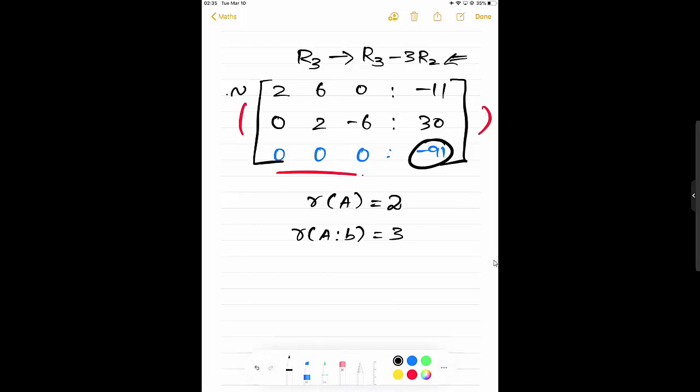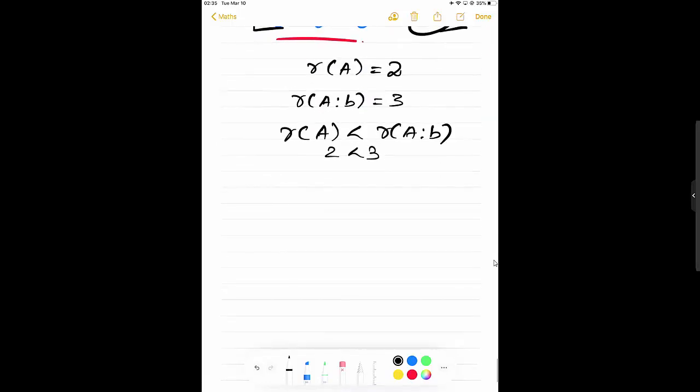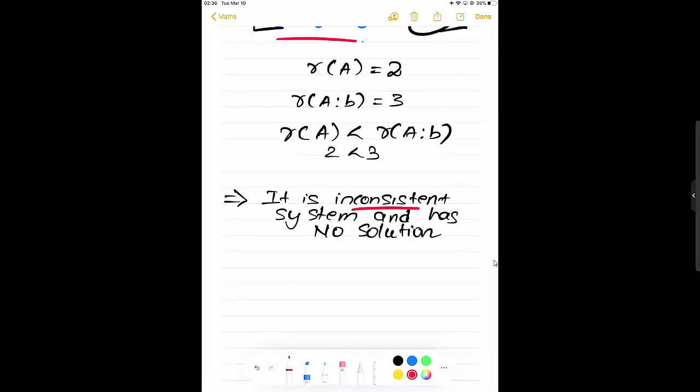And we already know the condition, rank of matrix A is less than rank of augmented matrix, that is 2 is less than 3. If that is the case, then it is an inconsistent system and has no solution. The literal meaning of this is we are having three parallel lines which are not intersecting each other.